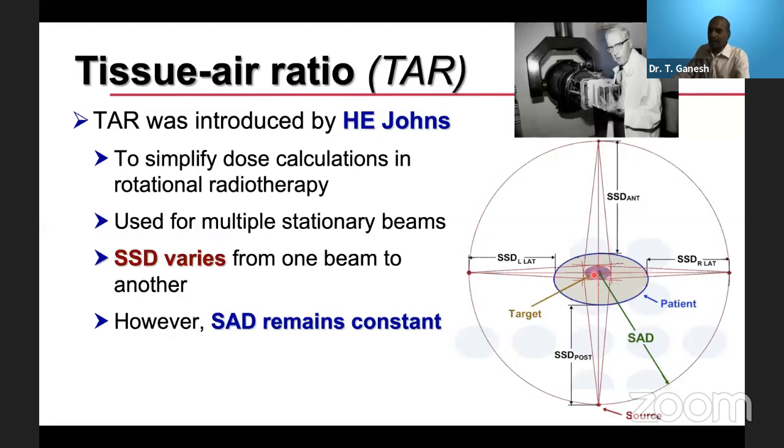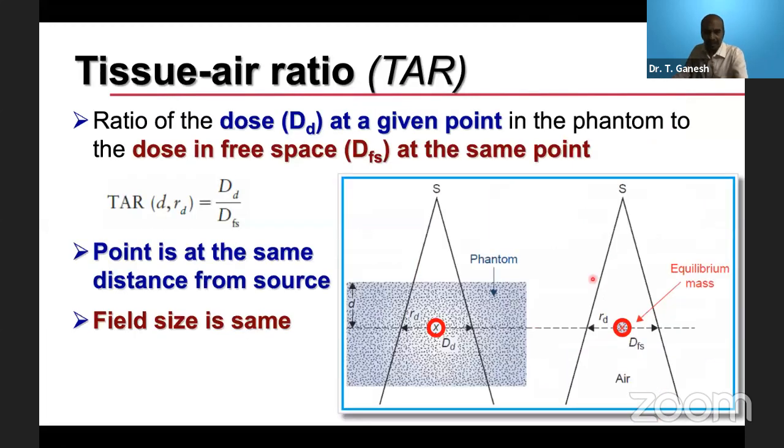So the target volume is at the isocenter, and the SSD varies from one beam to another because of the change in the body contour. So SSD will be different for each of these beams. However, the SAD will remain constant for all the four beams. So this is the diagram for tissue air ratio.